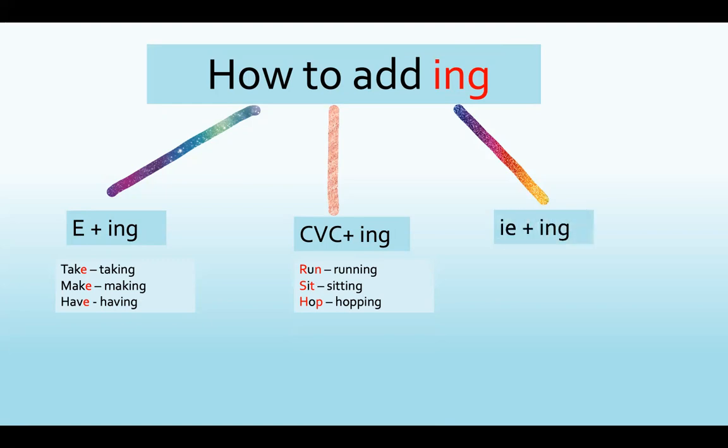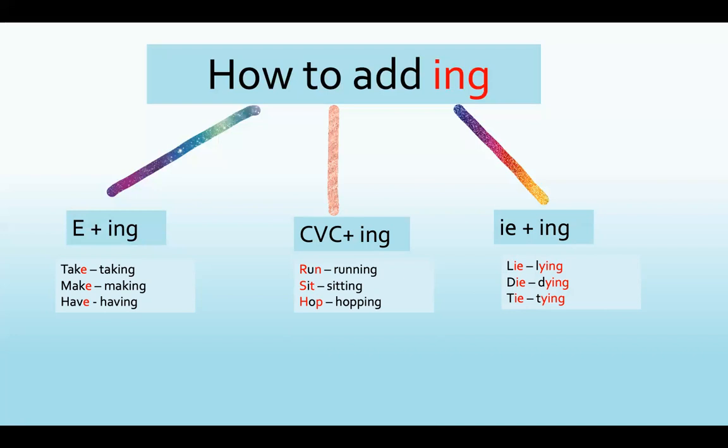Another case is IE plus ing. These are the cases when the verbs end with I and E and we add the ing form. For example, lie, die, and tie. We just remove I and E and add Y and the ing form.